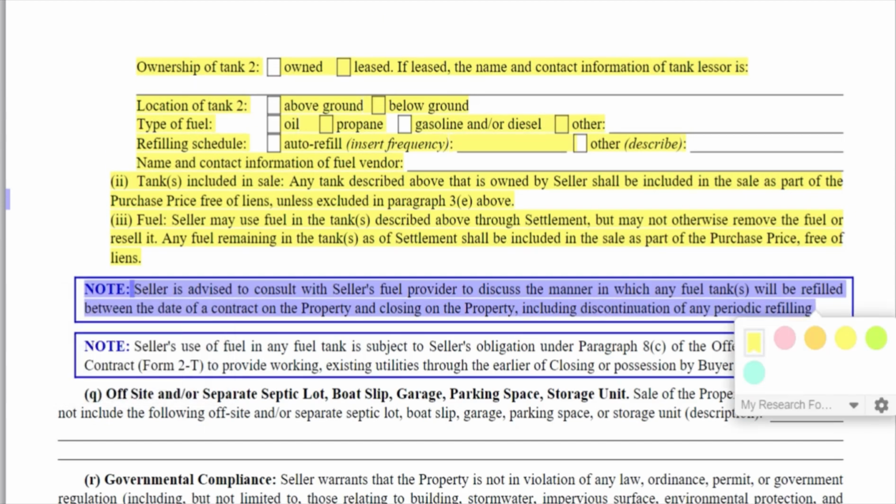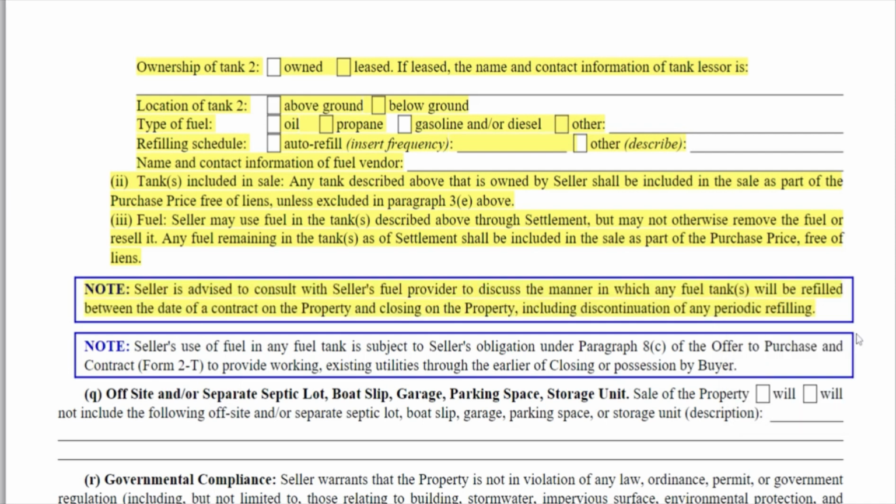We have a note here. And the note states that the seller is advised to consult with the seller's fuel provider to discuss the manner in which any fuel tank will be refilled between the date of a contract on the property and closing of the property, including discontinuation of any periodic refilling. So you just need to get with them and see, if you need some more fuel, if you could just get enough to get you through closing, how they want to work that out.